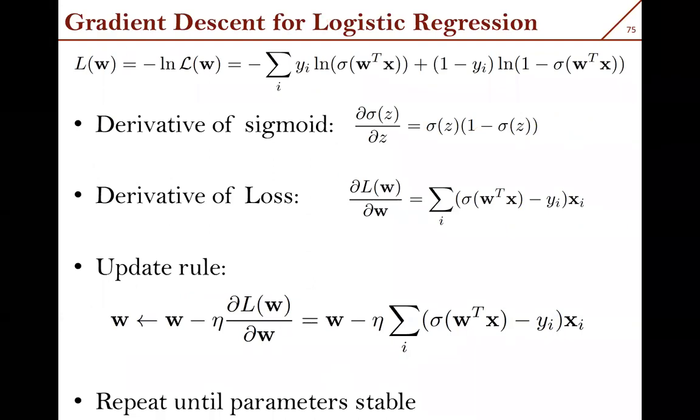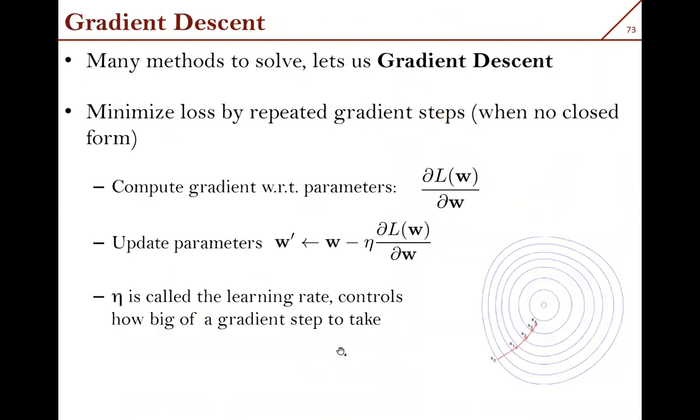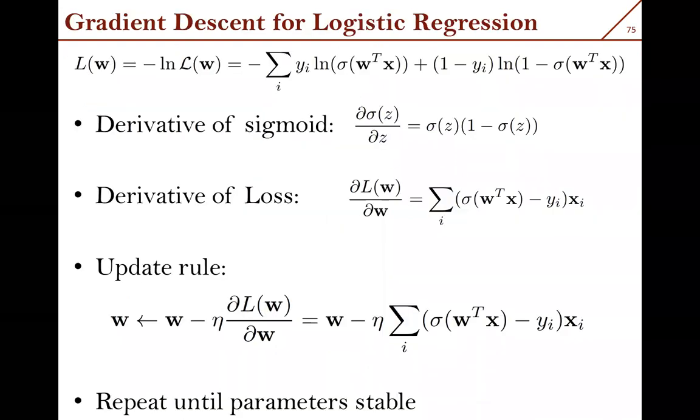Basically, if you go to the likelihood, it gives you the so-called binary cross entropy loss function, binary because you have only two classes.